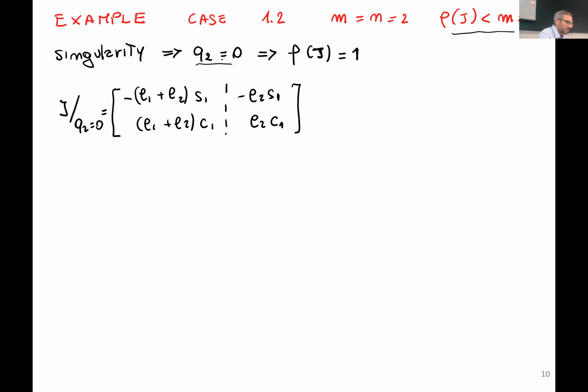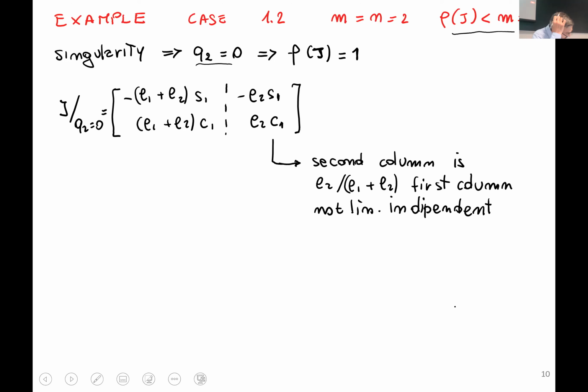We get this matrix where we see that the second column is l2 divided by l1 plus l2 times the first column. So these two columns are not linearly independent. This means that we have rank deficiency in the matrix, and we have rank 1 instead, because only one of the two vectors is linearly independent.